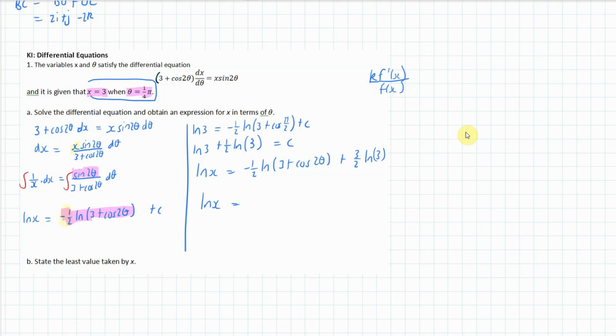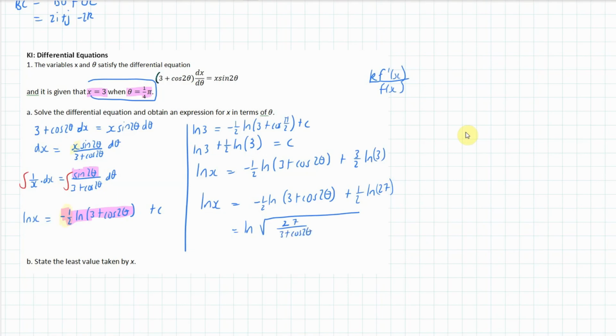Maybe we could say minus 1/2 ln (3 plus cosine 2 theta), plus 1/2 ln 27, because we're just taking a 3 out there, so we're cubing that 3. So we can go ln of the square root of 27 over 3 plus cosine 2 theta.